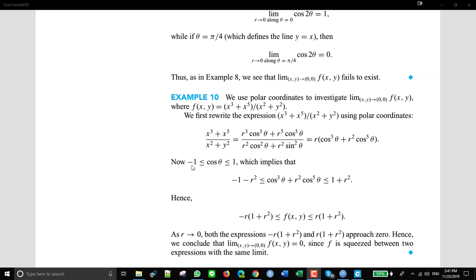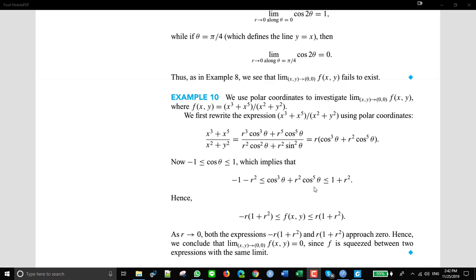Then they point out that the cosine of theta is always between -1 and 1, which implies that cosine cubed theta plus r squared cosine 5 theta is always going to be between this and this, because the biggest that cosine theta can be is 1. So if it's 1 here, it's also 1 here, because cubing 1 and raising 1 to the 5th is still 1.